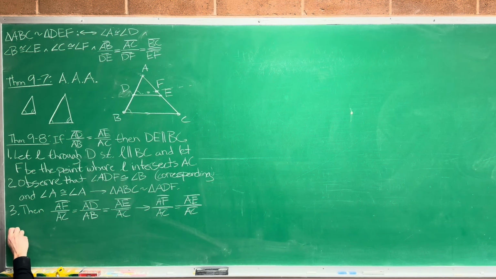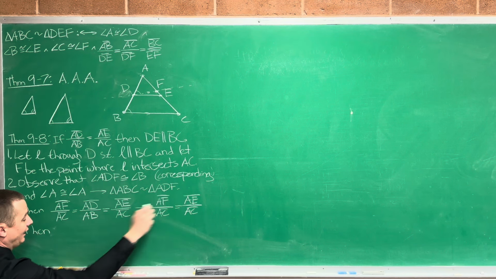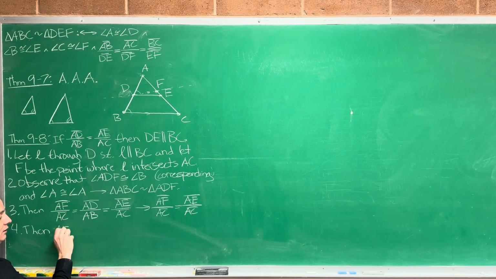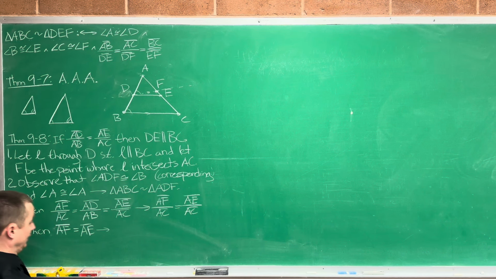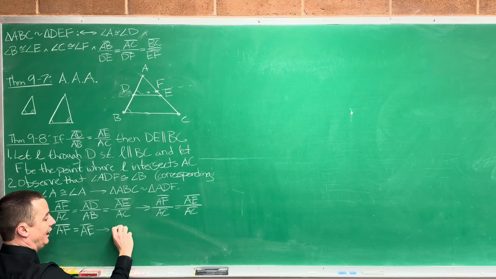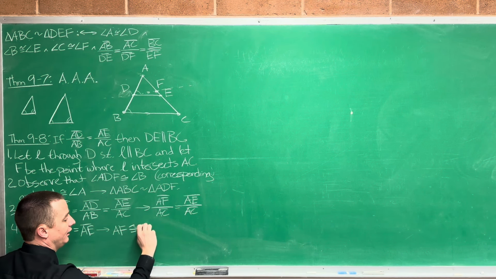However you best see it. So then we get that AF length is equal to AE's length. You with me? And if two segments have equal length, then those two segments are congruent. So I know that AF is congruent to AE.